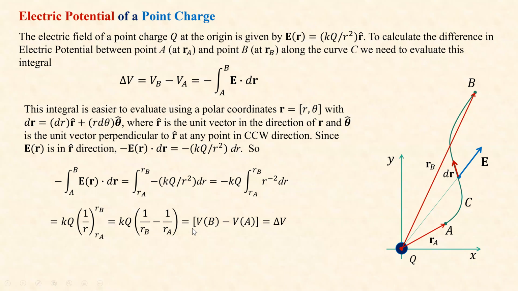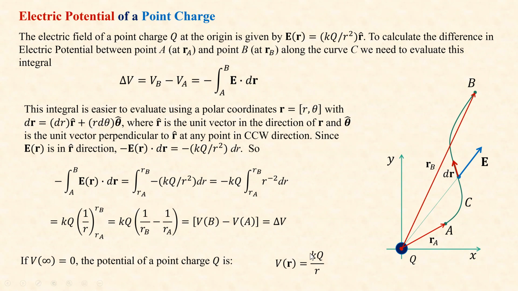So you see that V at point B is KQ over R at B. And V at point A is KQ over R for A. So if we take V equal to 0 at infinity, meaning that, for example, you take VA equal to 0, and take RA equal to infinity, this goes to 0, and of course, V of B becomes KQ over RB.